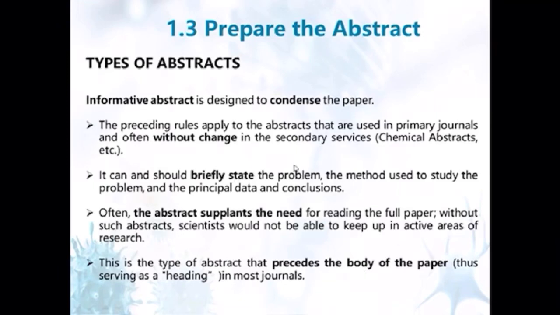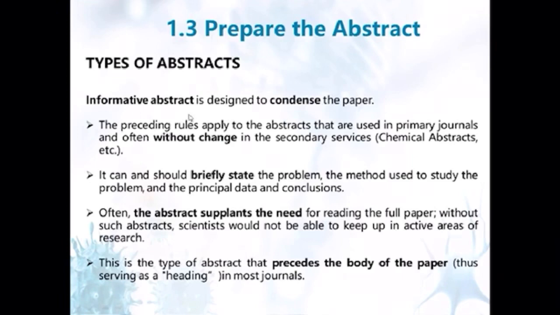There usually are 2 types of abstracts. One is the informative abstract. It is designed to condense the paper. For informative abstracts, the preceding rules apply to the abstracts used in primary journals, and often without change in secondary sources, like some of the chemical abstracts.